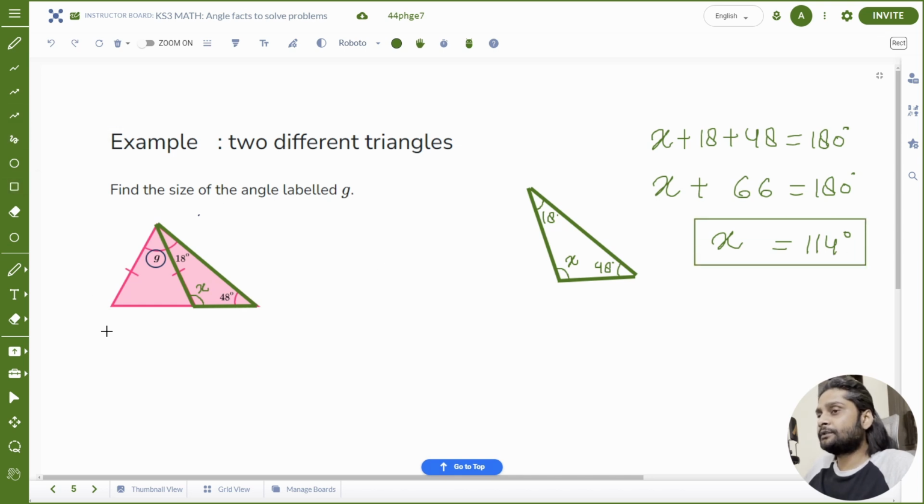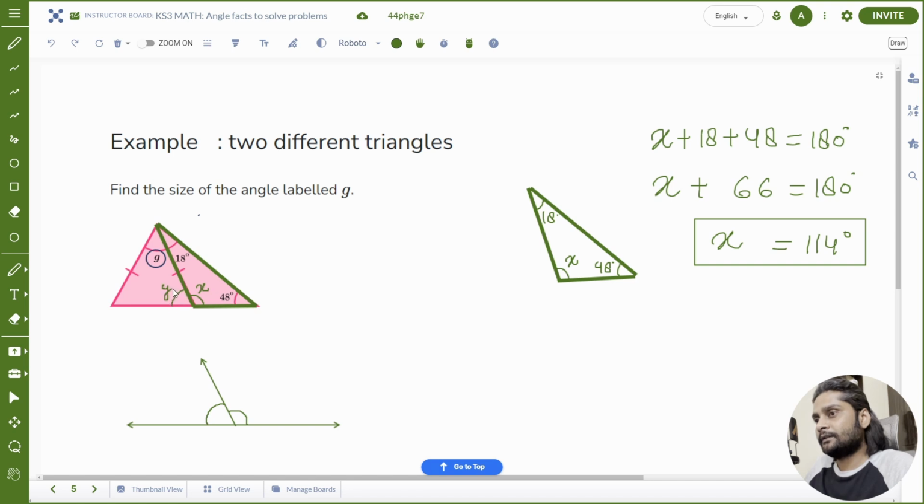Now if you remember, I told you the property linear pair. When you have two adjacent angles formed on a straight line like this, both of them add up to 180 degrees. So let's say this angle is y, students.